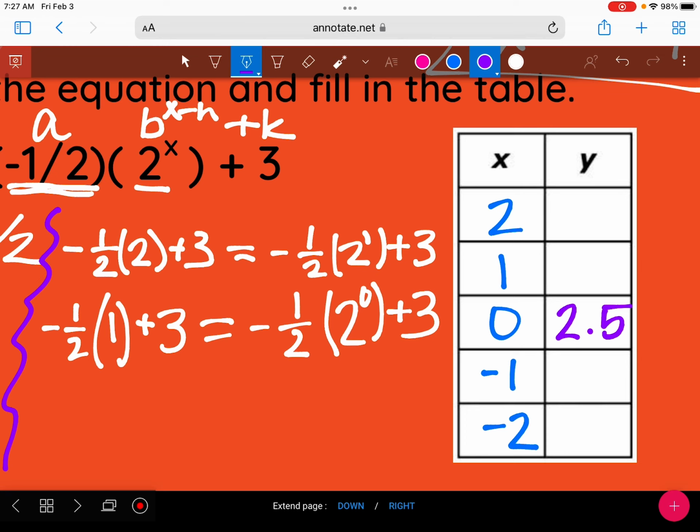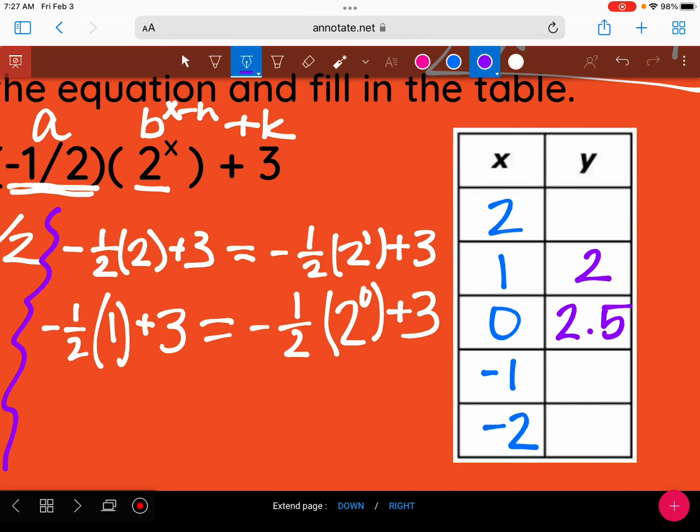Negative 1/2 times 2 is? What is half of 2? 1. It's negative. So negative 1 plus 3 is? 2.